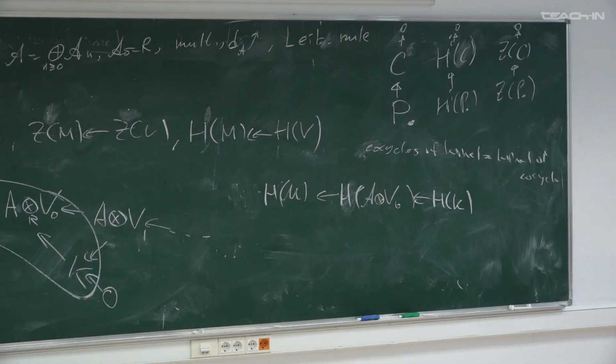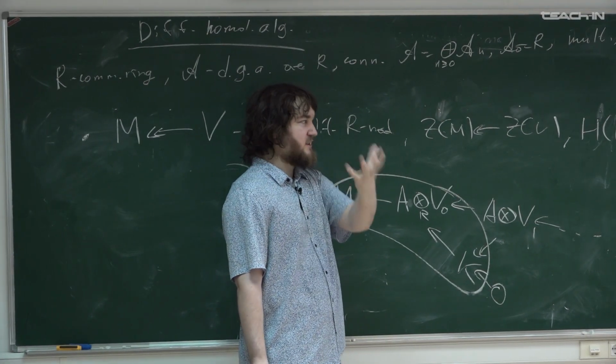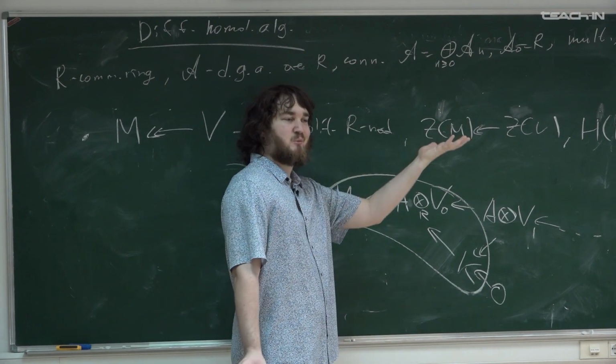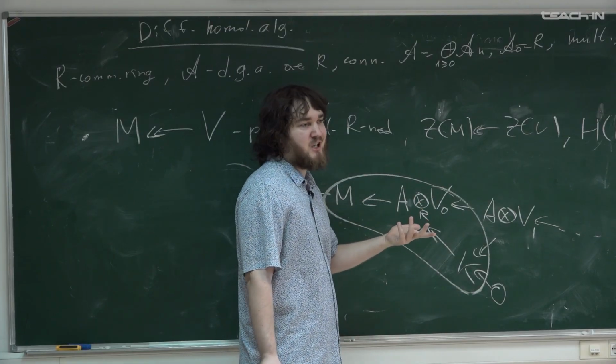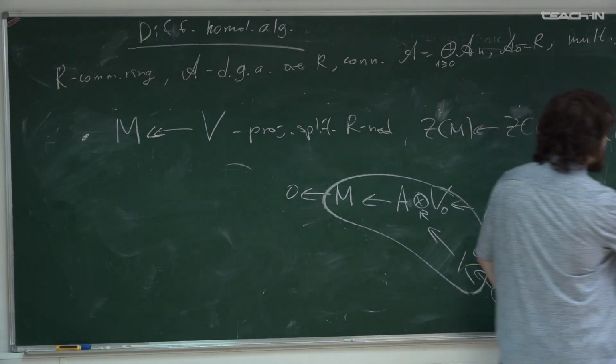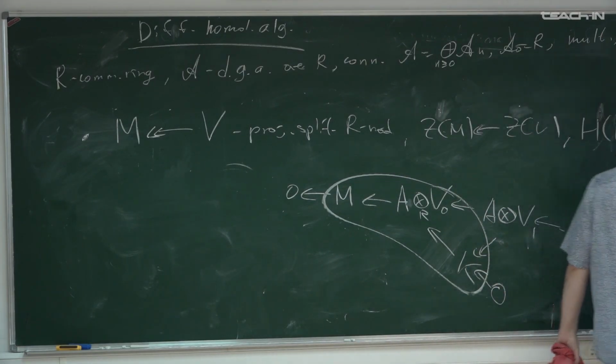If a map is an epimorphism on cocycles, it's an epimorphism on cohomology, because any cohomology class is represented by some cocycle, I can consider a cocycle preimage, and it has a cohomology class which goes to my class. So surjectivity on cocycles implies surjectivity on cohomologies. So this map is surjective, and so my long exact sequence breaks into short exact sequences.